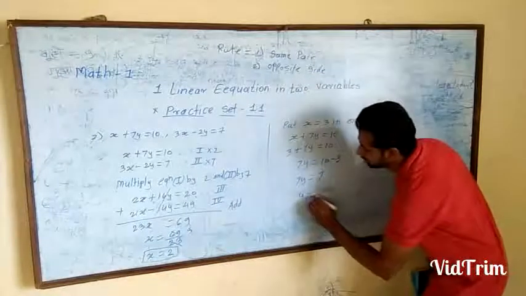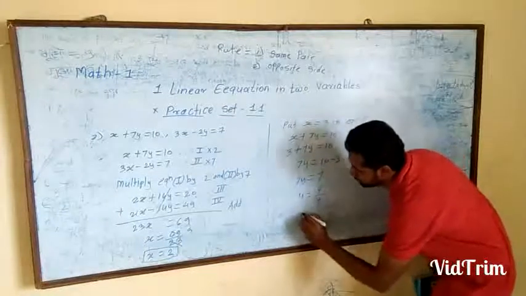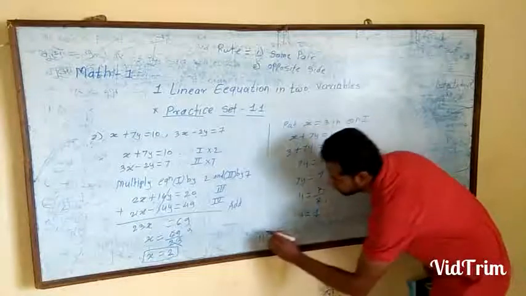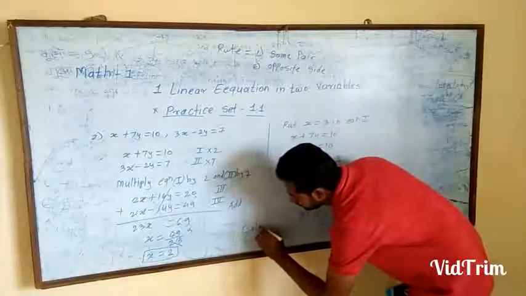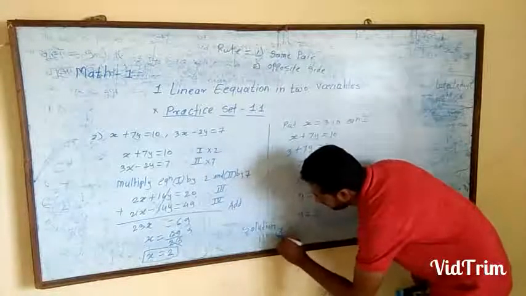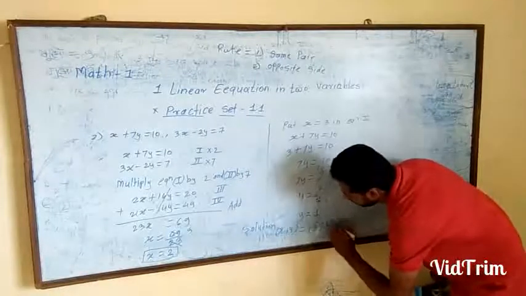So y is equal to 7 divided by 7. When this 7 comes to the other side, it is divide. y is equal to 1. Solution: x and y is equal to 3 and 1.